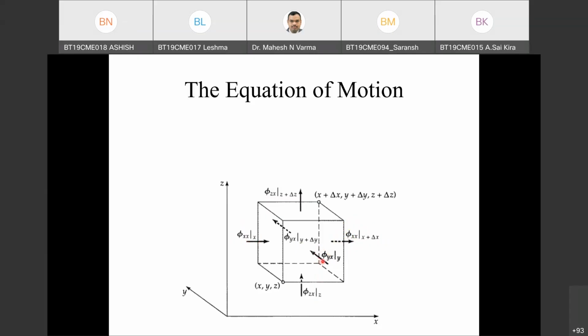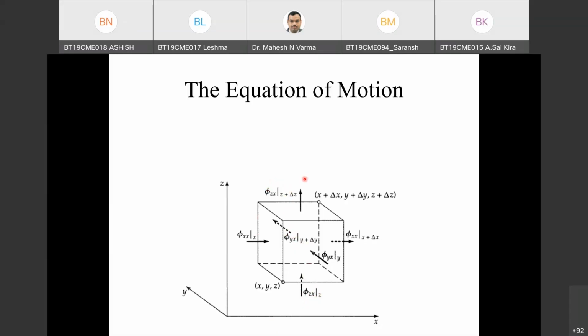This will be phi yx at y, the y component of x momentum coming into my differential shell. Similarly, this will be phi yx at y plus delta y, the y component of x momentum going out of the differential shell. Similarly, phi zx is the z component of x momentum coming into my differential shell, and this will be phi zx, the z component of x momentum going out.